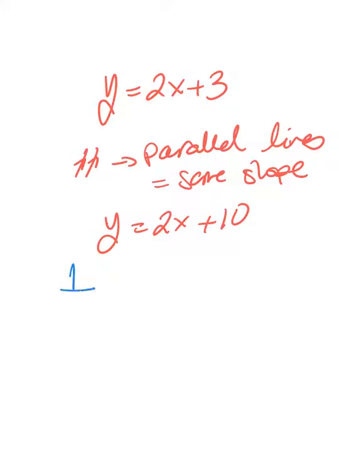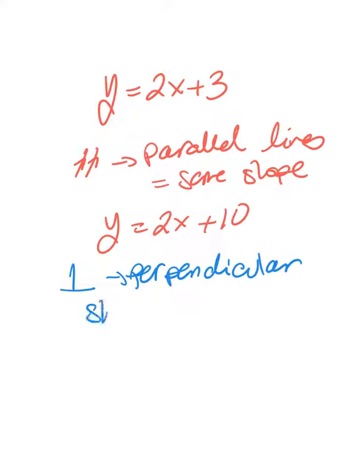What if I wanted one that was perpendicular? Now remember, perpendicular means not only do they intersect, but they make a right angle, a 90-degree angle. And their slopes are opposite reciprocals.